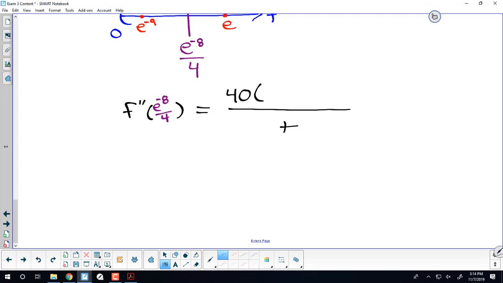We've got 40x. Oops. e to the negative 8 over 4.